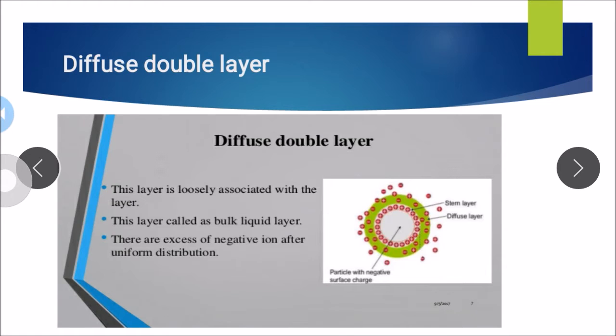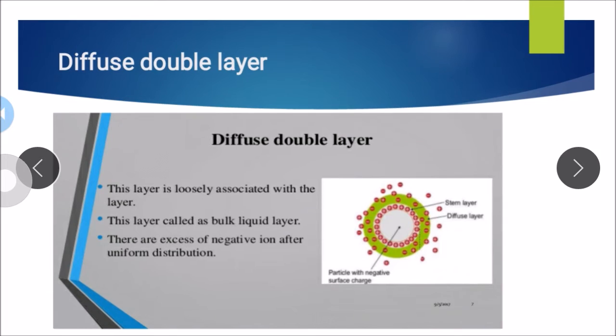This is another thing which is called the diffuse double layer, the positively and negatively charged ions making the double layer. This layer is loosely associated with the other layer. This layer is called the bulk liquid layer.